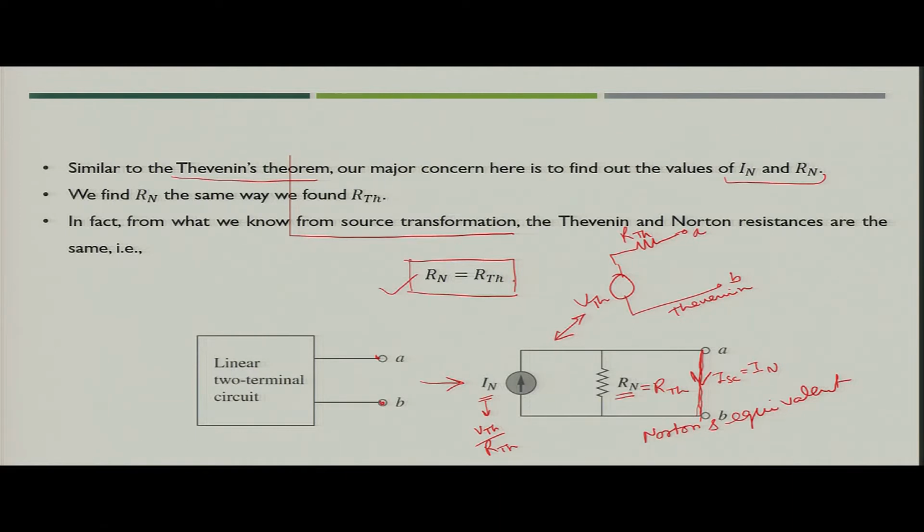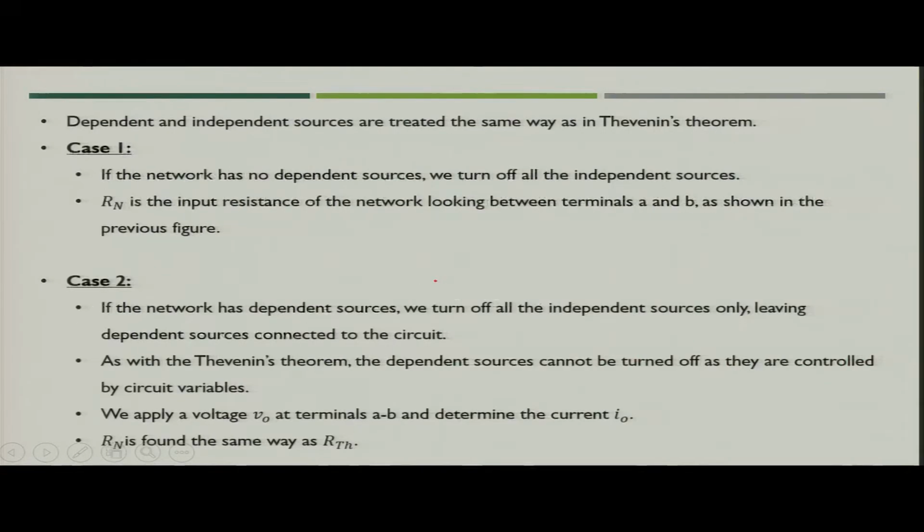We can utilize the same technique which we utilized while discussing Thevenin's theorem to find the value of Norton's resistance. As we discussed in case of Thevenin's theorem, in this case also we have two cases to find the value of Norton's resistance.